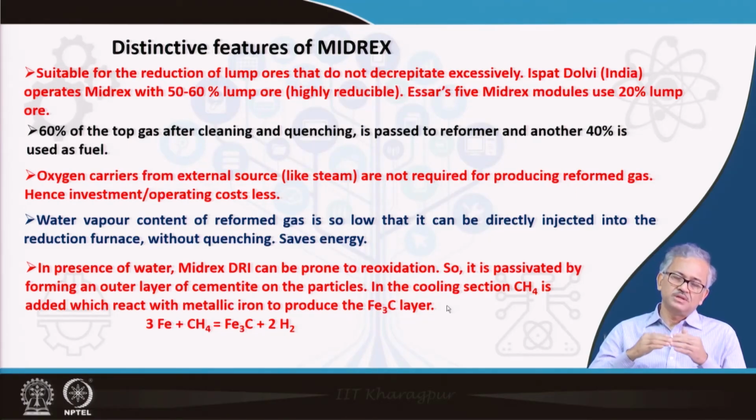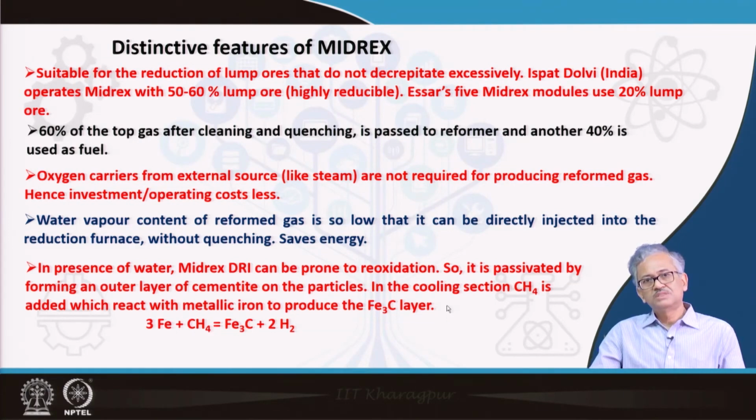How can you passivate? If you can form a very dense iron carbide layer over the reduced pellets, or the DRI, if you can form a morphologically dense Fe3C, then you can protect it from atmospheric oxidation.